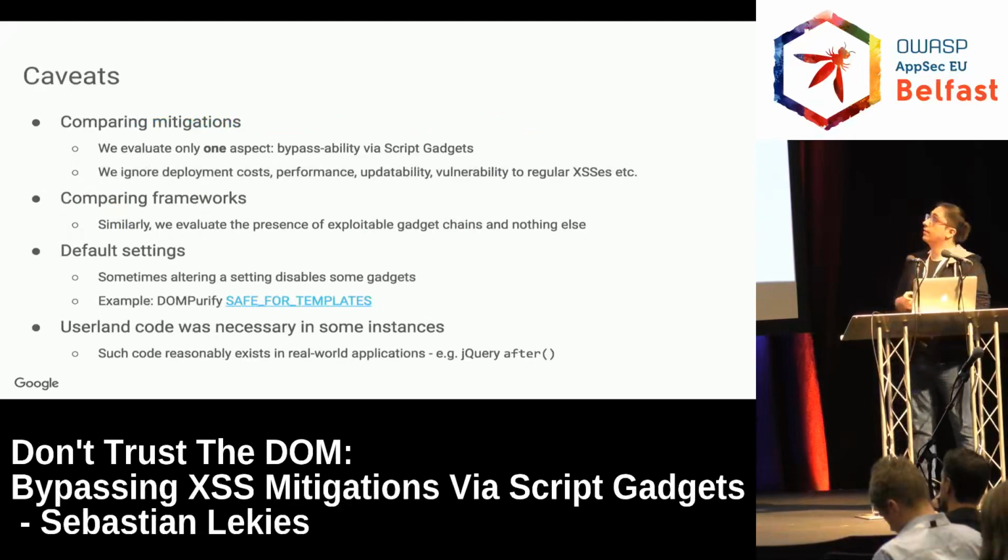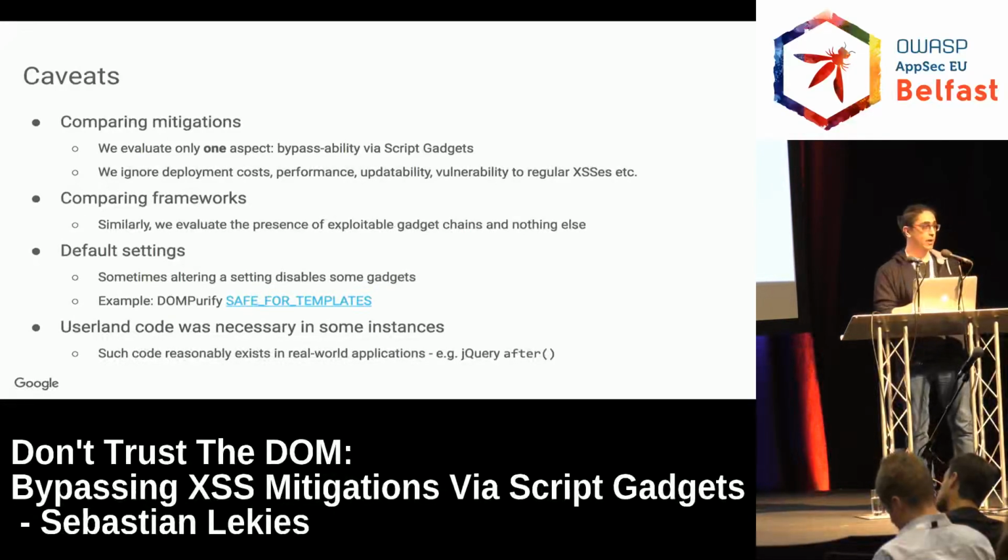Now, there are some caveats to that. This research alone cannot or should not be used to compare the mitigations between themselves, solely because we only evaluated one aspect, which is bypassability via script gadgets.